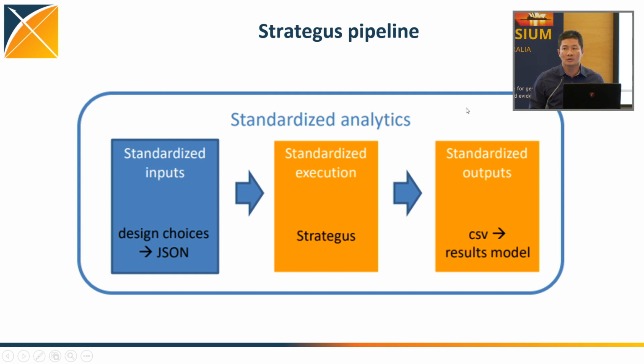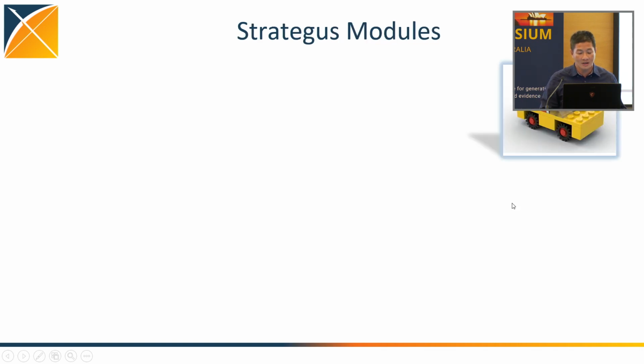So for the Strategus pipeline, we have a standardized analytic. The standardized inputs are also contained in the JSON file, and right now it's my part to share a standardized execution by using the Strategus. After Strategus runs, we will have a standardized output, and we will share that to our network database.